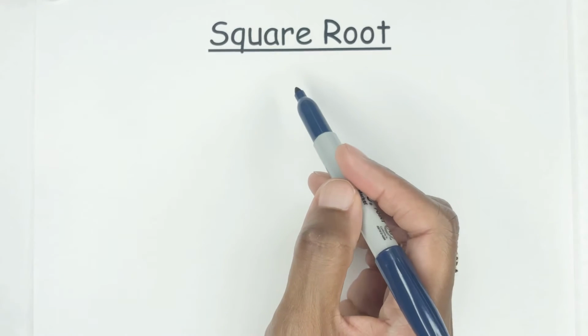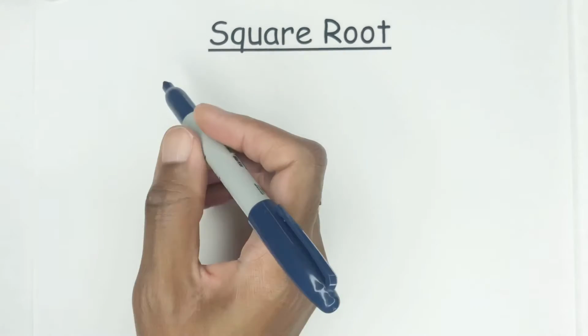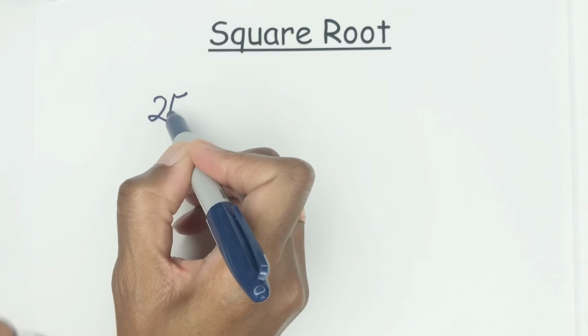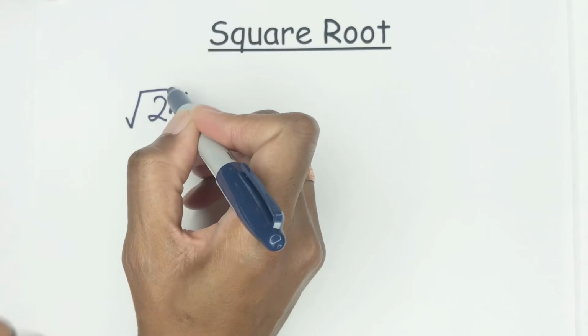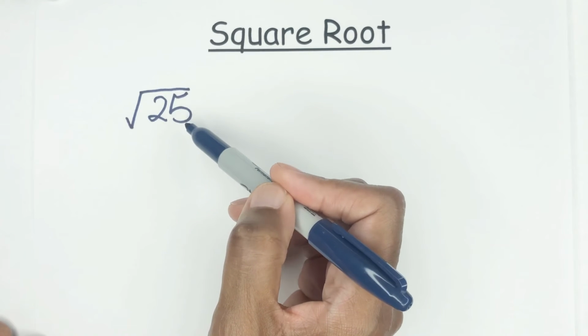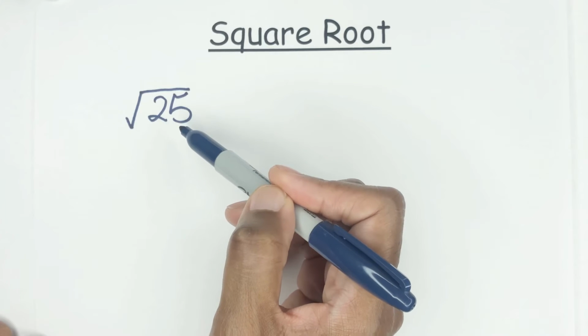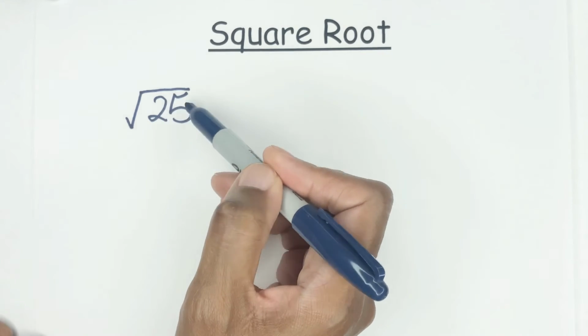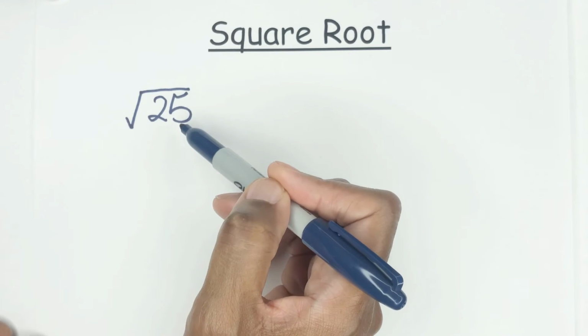Now let's do some square root examples, right? So say for example, we have the square root of 25. So now you have to think of a number, the same two numbers that when multiplied by themselves give you this number here, 25.